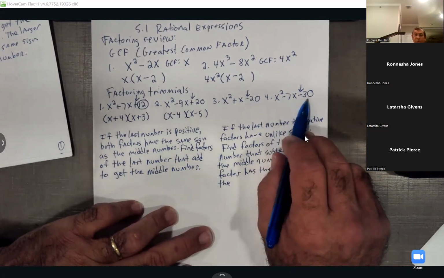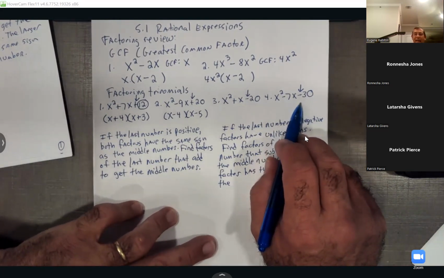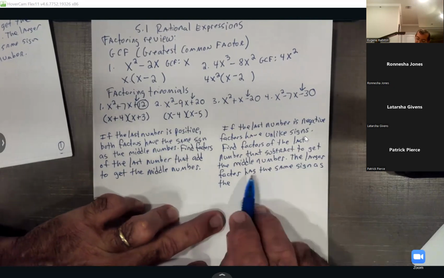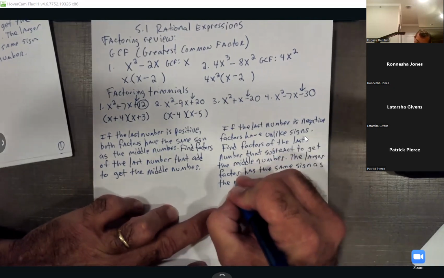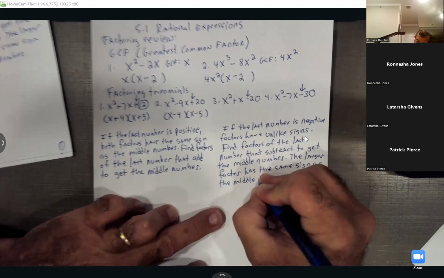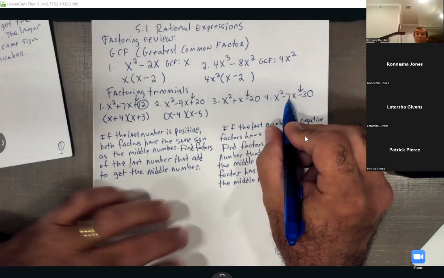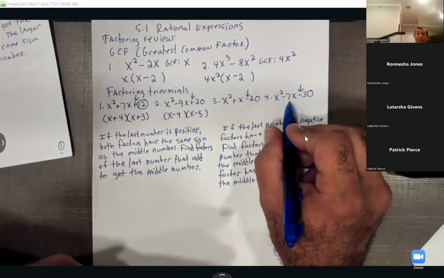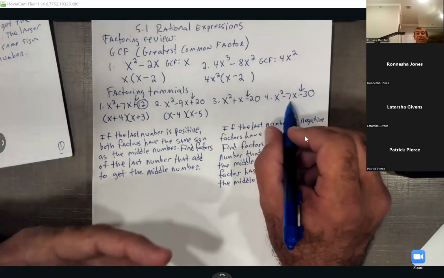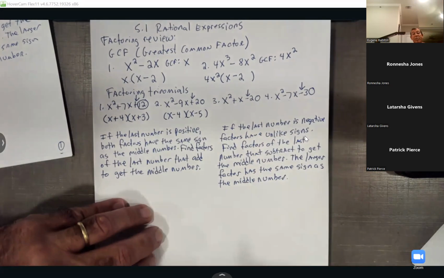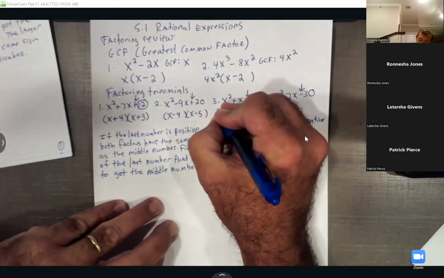So are you looking at this last one here? Yeah, I'm sorry, I thought you were talking about that. So here's the rule. The larger factor has the same sign as the middle number. Since the middle number was negative, when he figured out 10 and 3 subtract to get 7, he made that 10 negative because the middle number was negative and it was my larger factor.